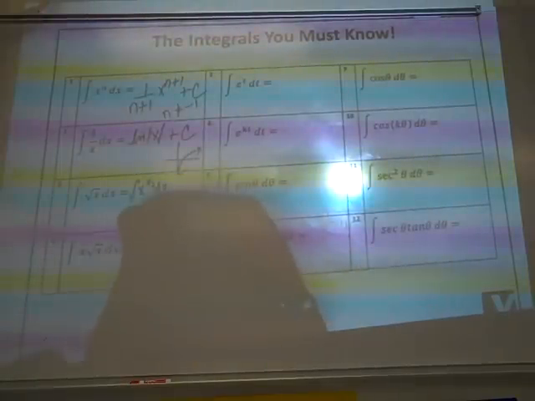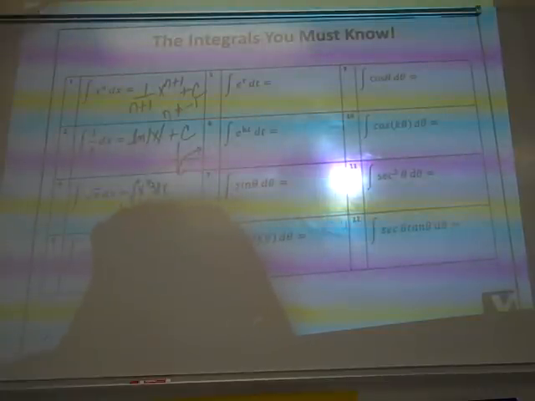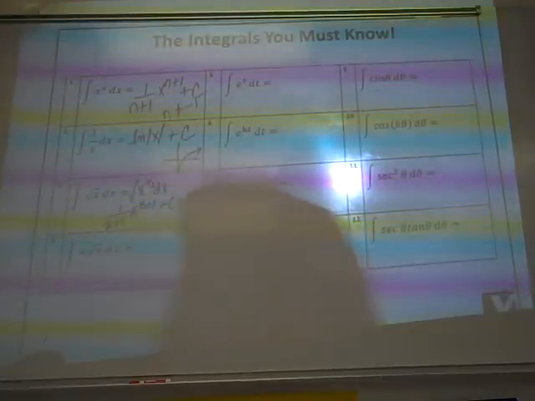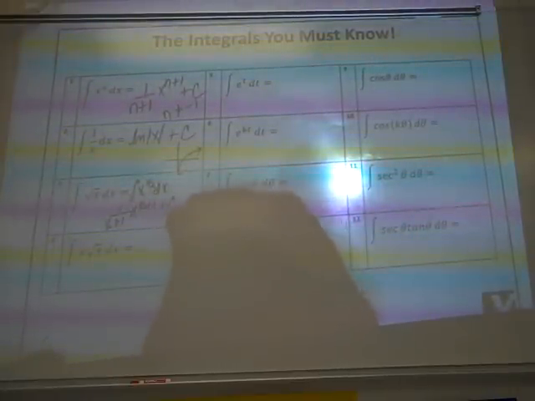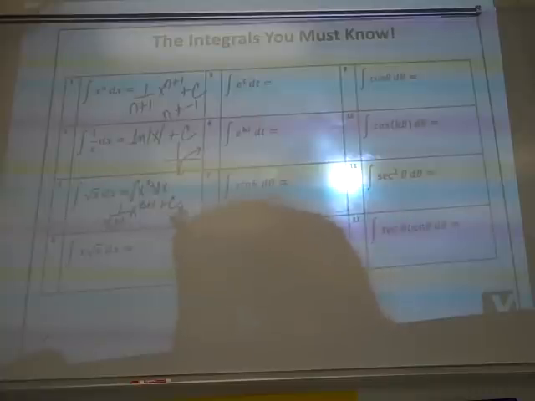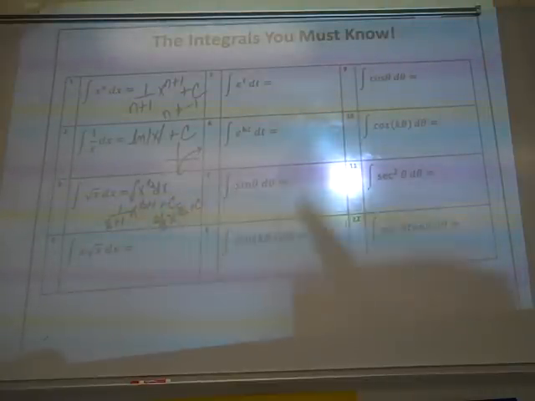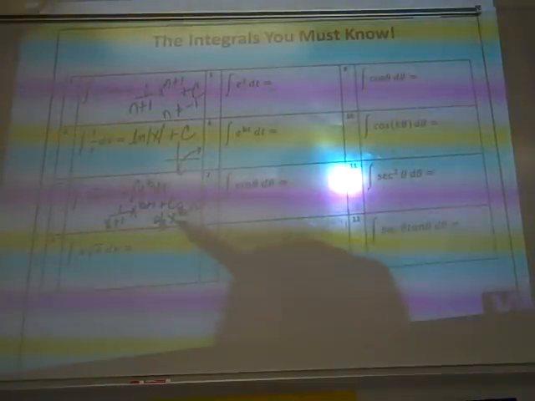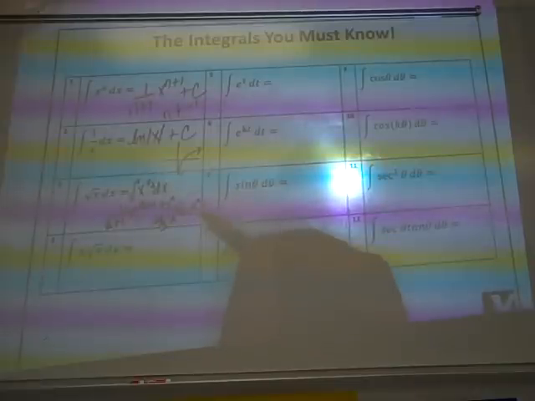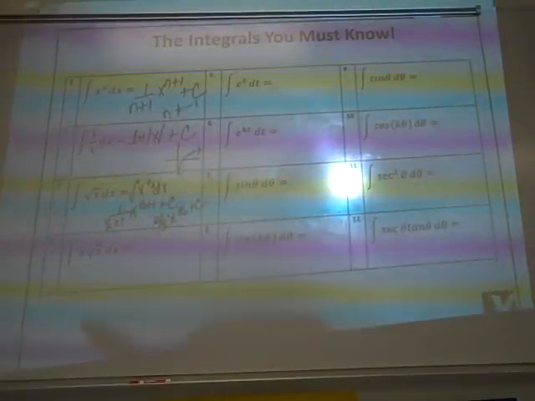We add 1 to the exponent, and then divide by the new exponent, plus C. 1/2 plus 1 is going to be x to the 3/2 power. 1 divided by 3/2, we would keep it, change it, flip it, and that becomes 2/3. So your final answer for the antiderivative of the square root of x is 2/3 x to the 3/2 power plus C. Sadly, I didn't give myself nearly enough room there.